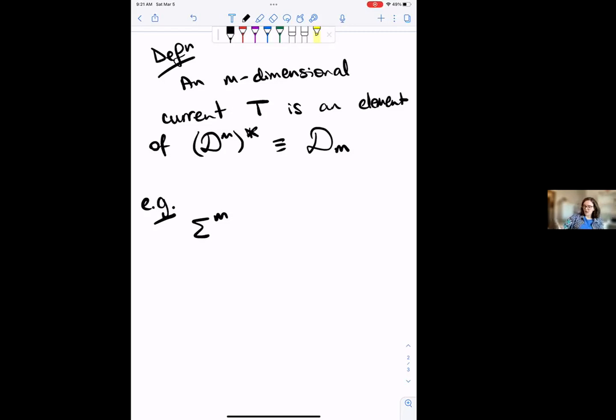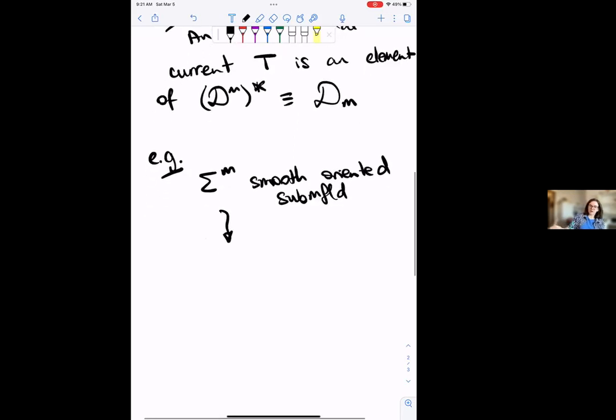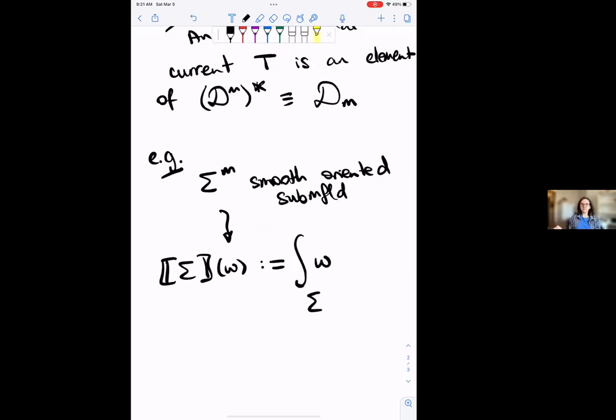So if you take a smooth oriented m-dimensional manifold, then you can induce a current that acts via integration over this manifold, which we write like this. This naturally induces the following current that really just integrates your m-form over your surface, as you would expect.